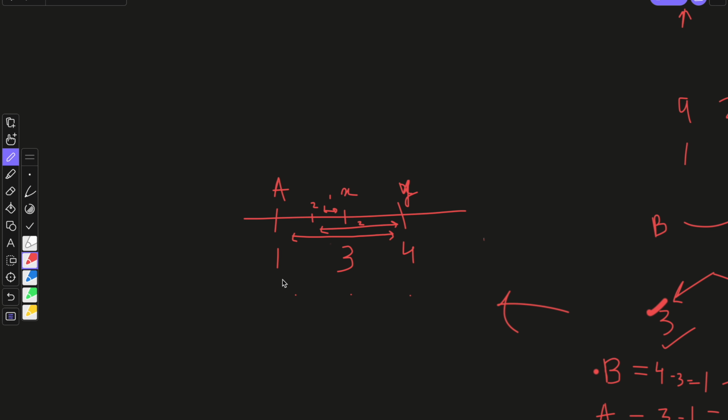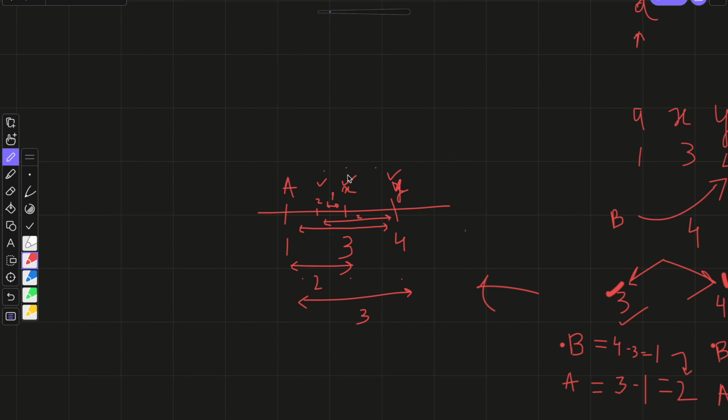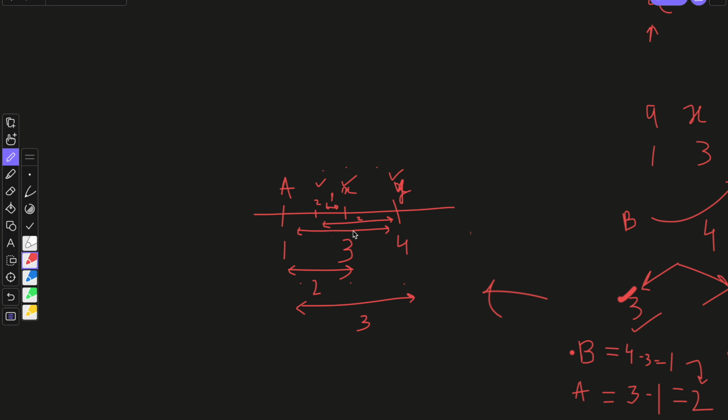For Alice, this distance is going to be 2 and this distance is going to be 3. So 1 is less than 2 and 2 is less than 3. So in both cases Bob is going to win. So he can take any position. He can take 2, he can take 3, or he can take 4. All these are integers and these positions can be taken.